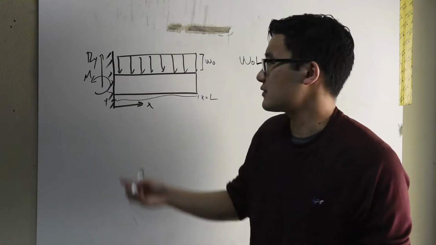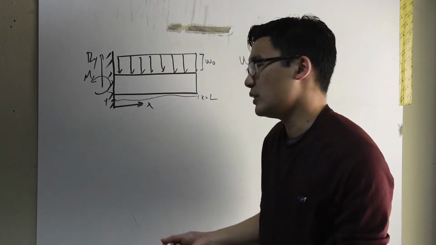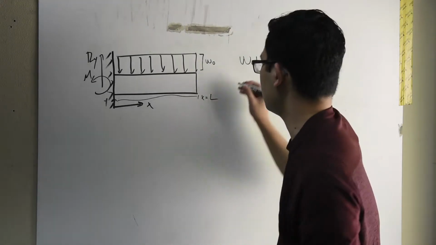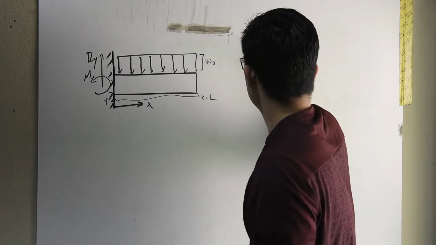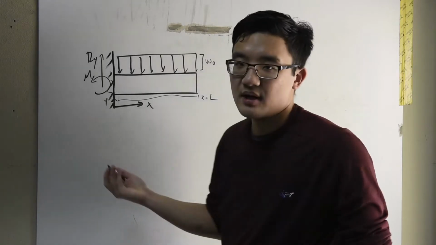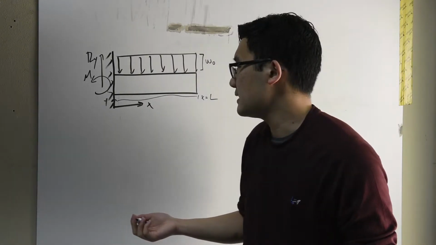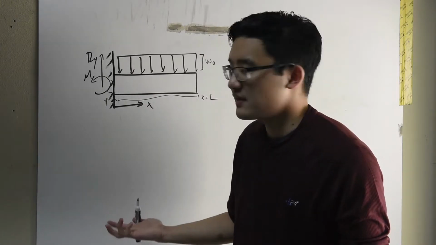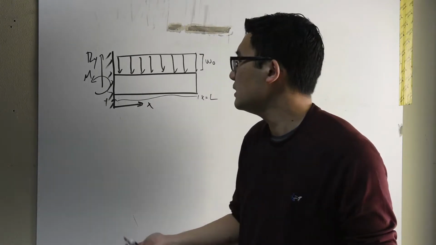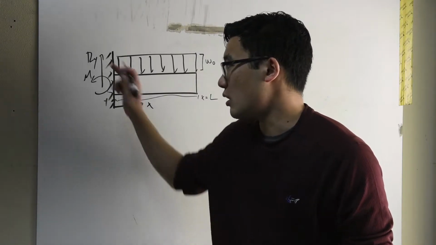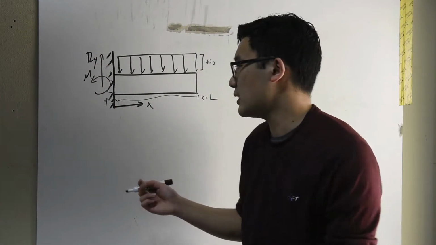And therefore, for the reaction force at Y, we know that that's simply going to end up being W naught L in the positive direction. Now we're at static equilibrium in the Y. Of course, there's nothing in the X, so Fx is 0. Therefore, our Rx is going to be 0 as well.